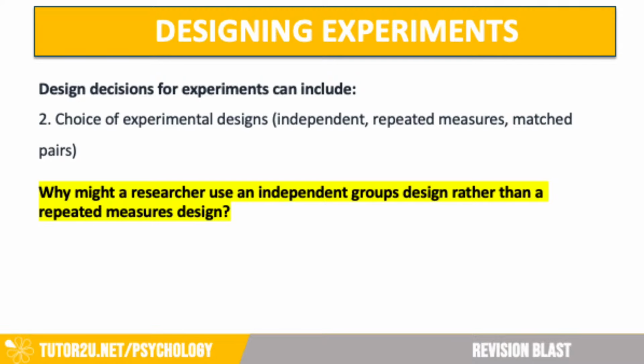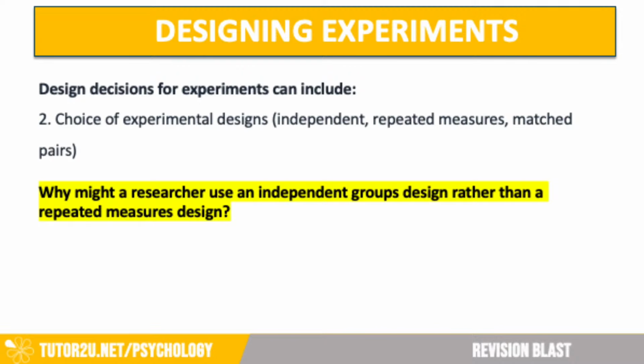So again, answers in the chat would be great if you can. What might be a strength of an independent groups design over a repeated measures design?